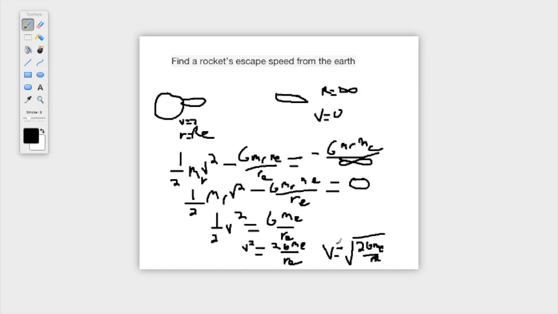So this should be around 11,200 meters per second.